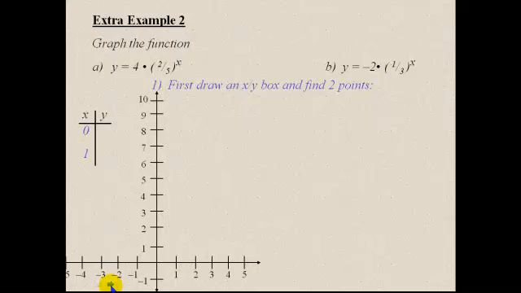So I have 0 and 1, and when I plug that in, I get 4 and 8/5. Plot those points, and again, notice that my asymptote is y is equal to 0. So my asymptote is y is equal to 0. And this is decay.